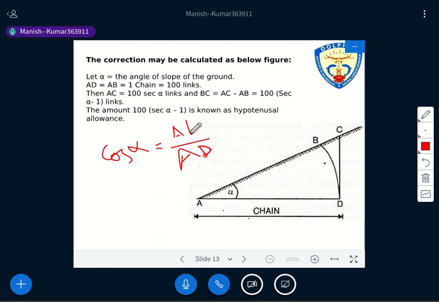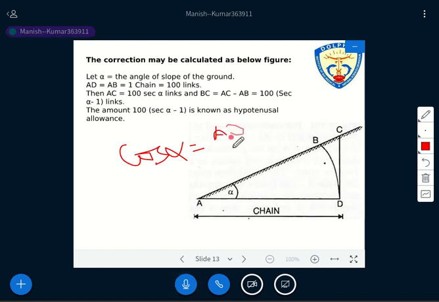Oh, sorry, I have made a mistake here. Cos alpha is base by hypotenuse. It means AD by AC. AD by AC, right?